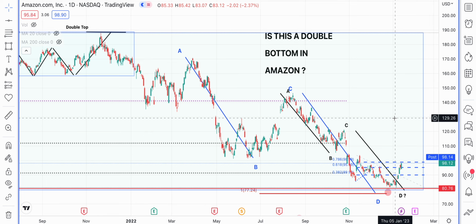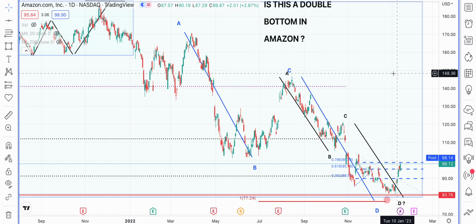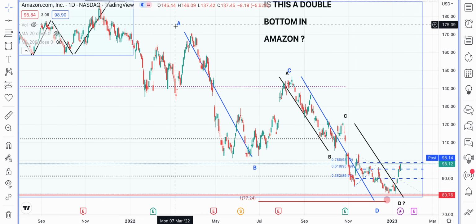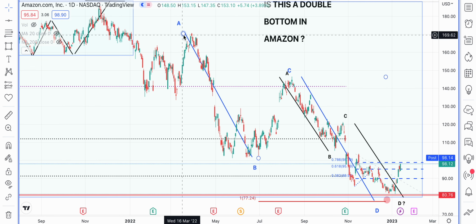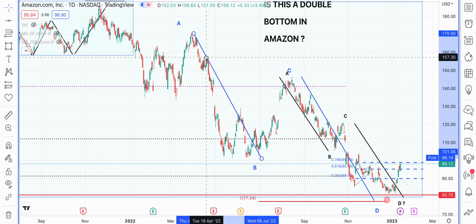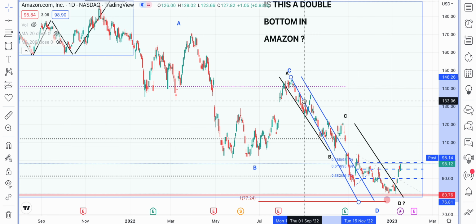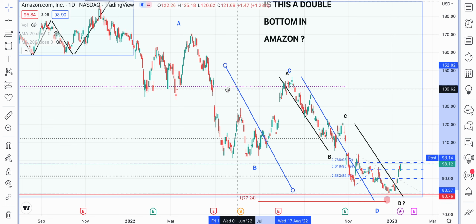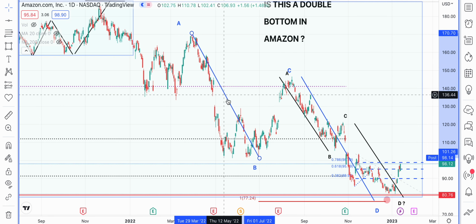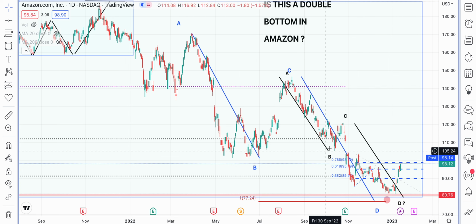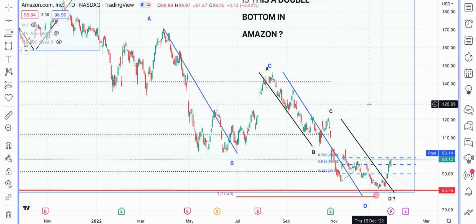So just blowing the chart up a little bit, in the blue line you see this ABCD, that's this entire decline. You take that and project it from this one, and we get a price target in the region where the potential double bottom happened.